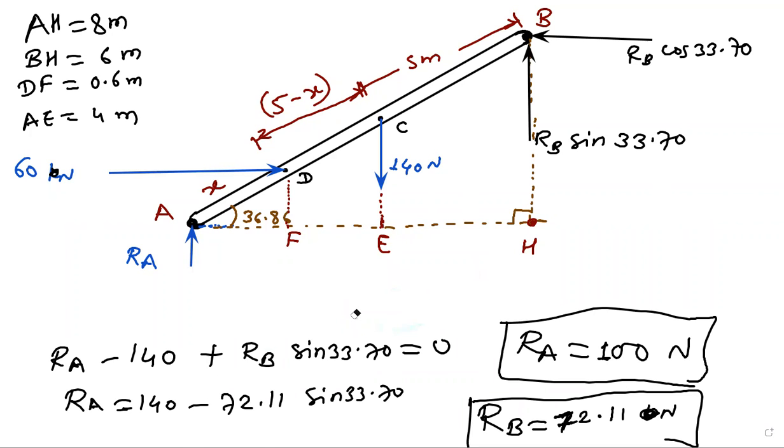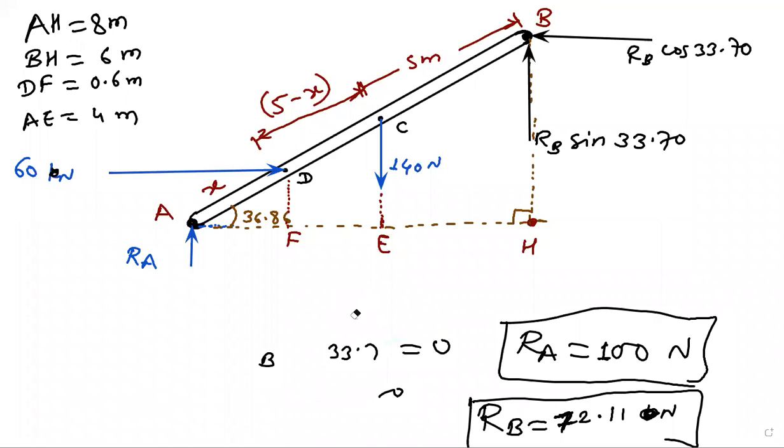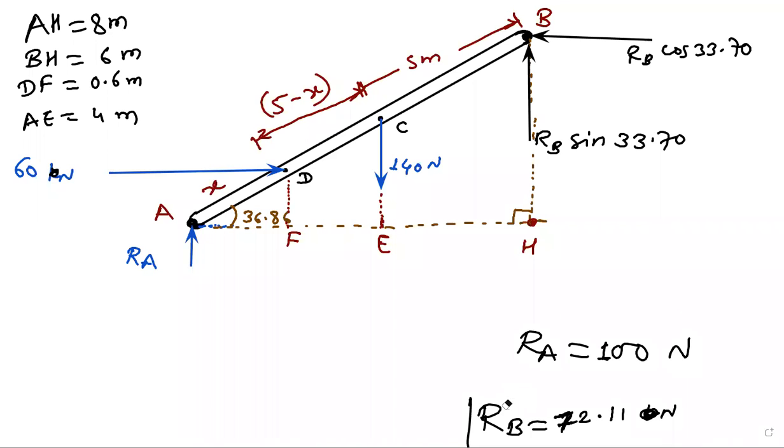Now we will take the moment about A or B. As per your convenience, you can take the moment about any point, A or B, right? So RA is equal to 100, RB is equal to 72.11.